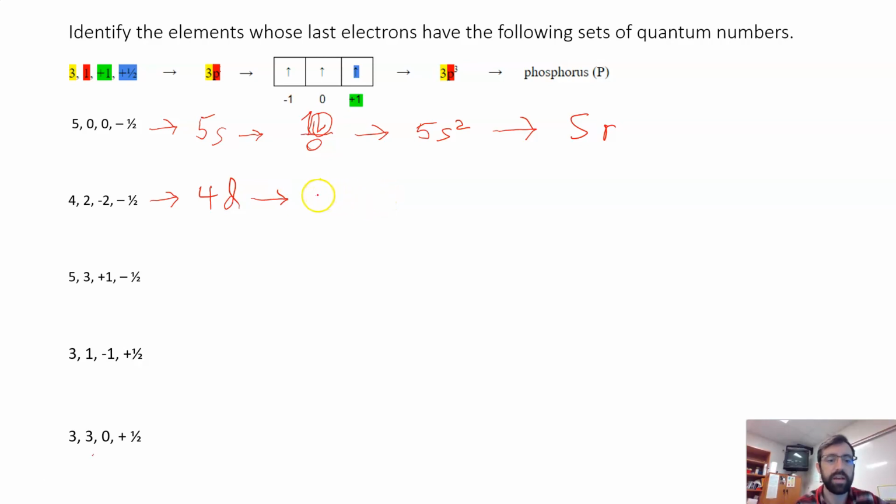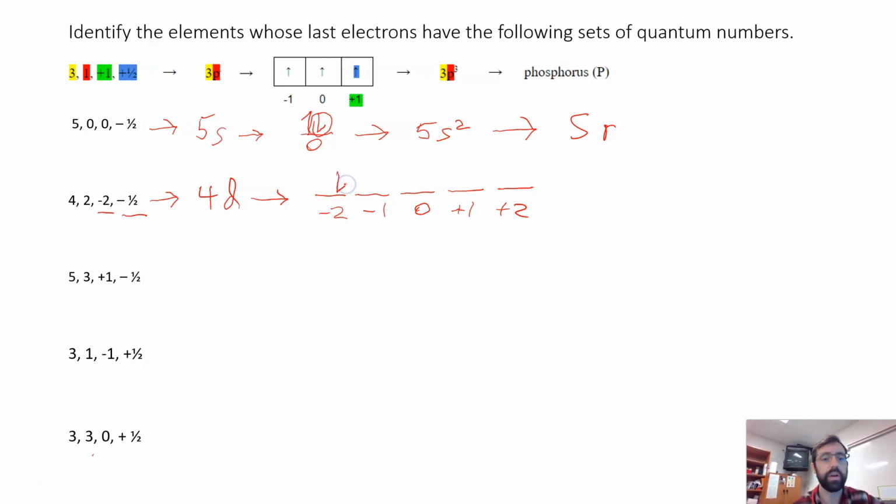Remember, that's 5 lines. 1, 2, 3, 4, 5. Zero is in the middle. Then we have -1 and -2, +1 and +2. Our electron's going to be on the -2 line, and it's the -1/2. That means it's a down arrow. So on the -2, we have a down arrow.